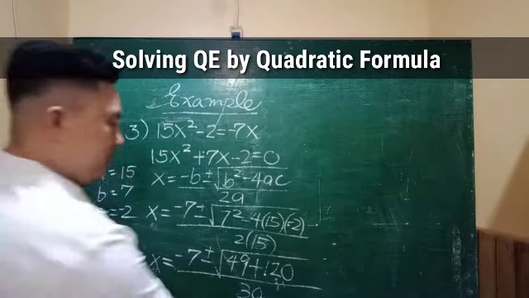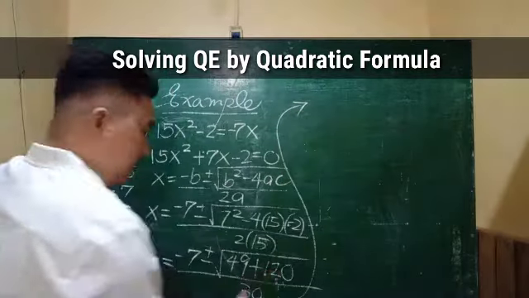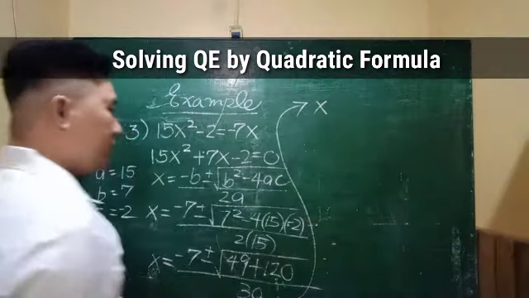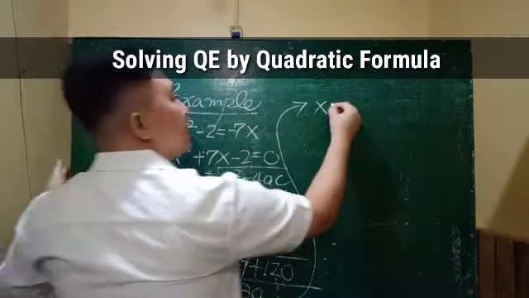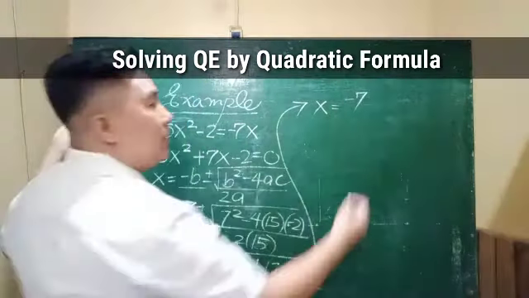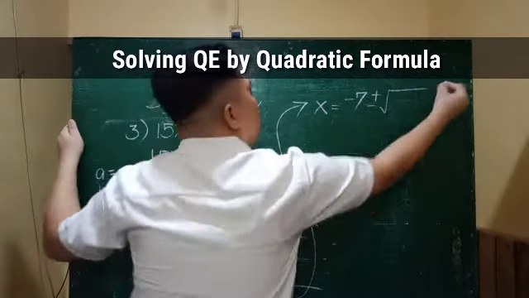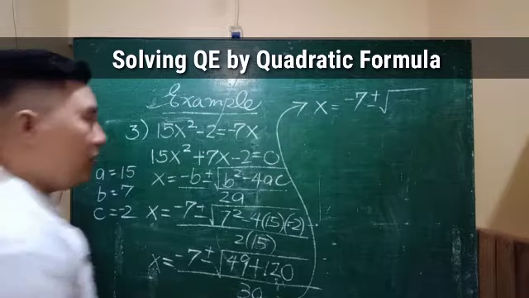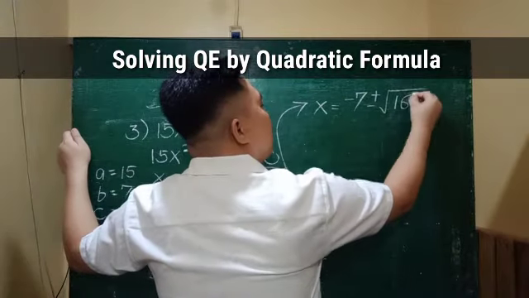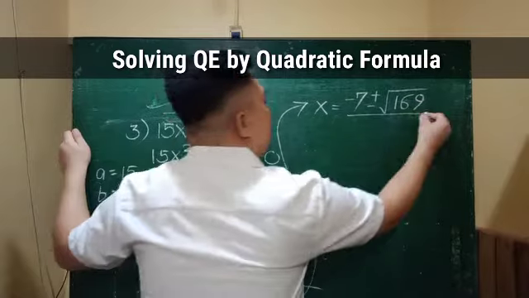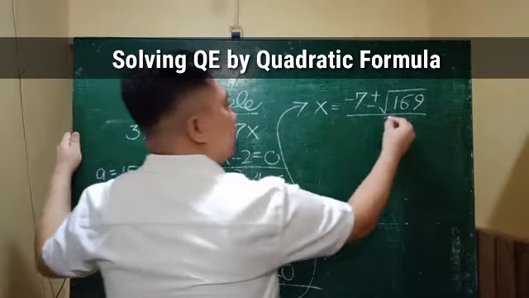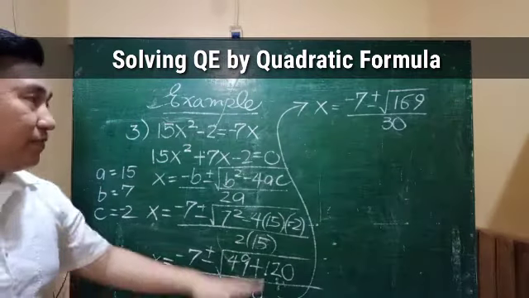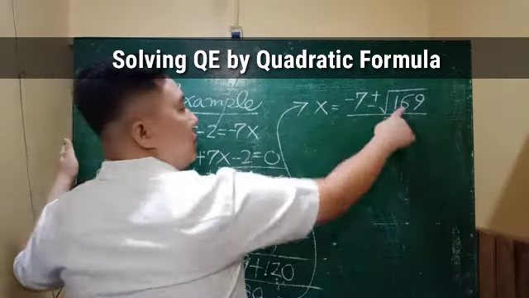Next. Simplify natin ito nasa loob. Magiging x equals negative 7 plus and minus square root of, add natin, 49 plus 120 ay 169 all over 30. Okay? Sunod. Next, square root nito.